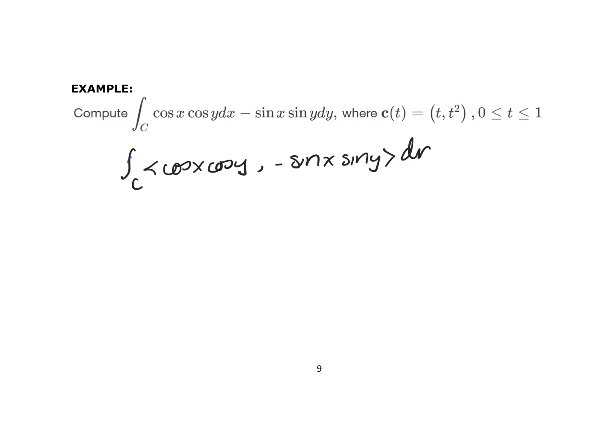First thing we're going to want to do is find out whether or not we have a conservative field, so we can use the fundamental theorem of line integrals. If we can do that, life is pretty easy.